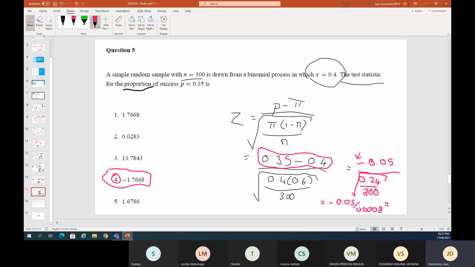I'm getting a wrong answer, so let me quickly check if everything was done correctly. 0.4 times 0.6 is 0.24. The sample is 300. Oh, now I see the mistake. I didn't square root it.